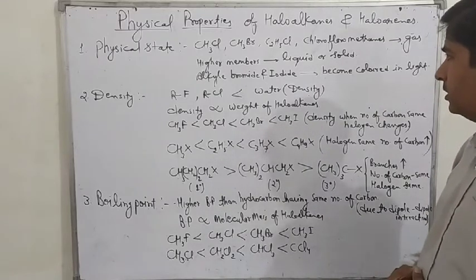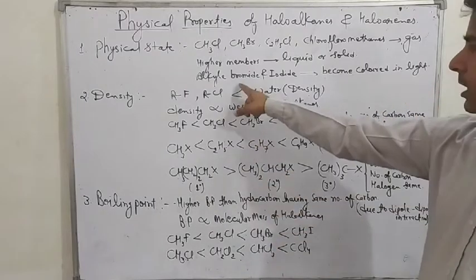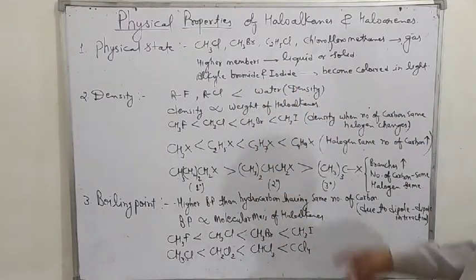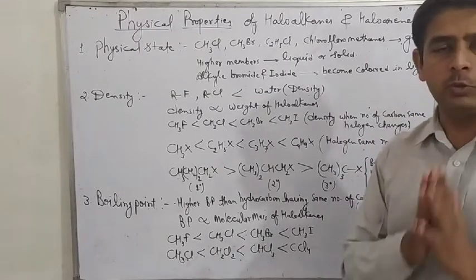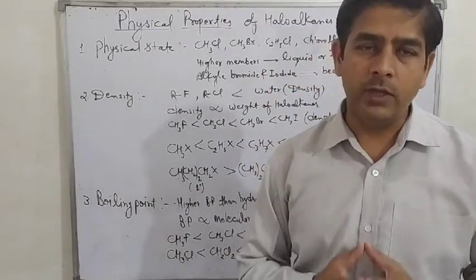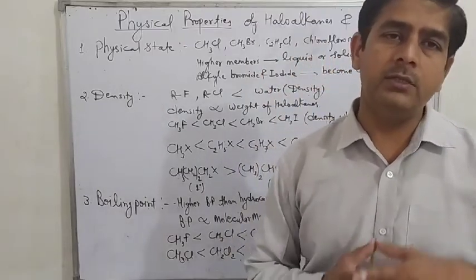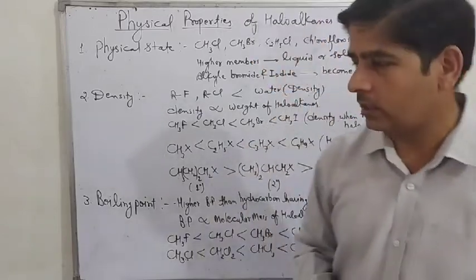But here we have a different aspect. Alkyl bromide and alkyl iodide become colored in light as they show a photochemical reaction. When they are exposed to light, their color changes. So these are the physical properties of haloalkanes.